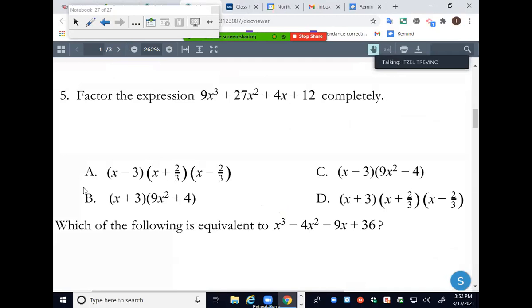Cut it in half, put it into 2 groups, right? So in my first group, I have 9x cubed plus 27x squared. What's my greatest common factor? X squared? Wrong number.